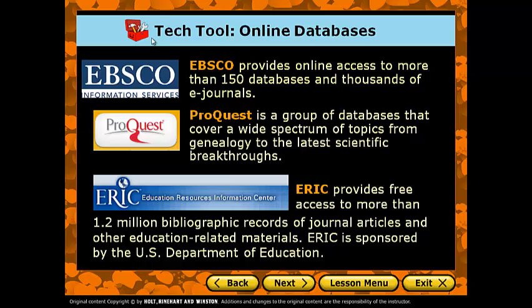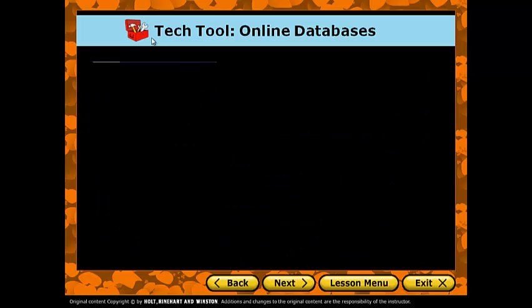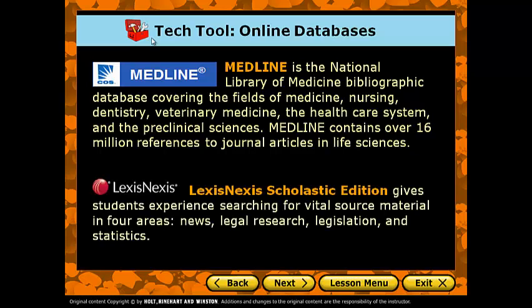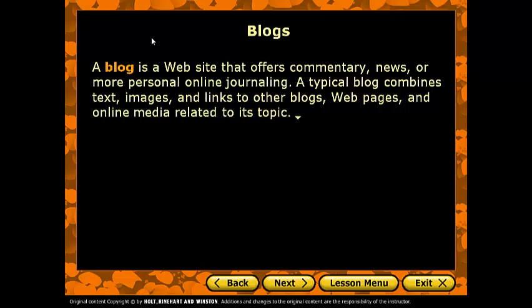This is sponsored by the U.S. Department of Education. Then you have Medline, which relates to 16 million references to journals and articles in life sciences. And then you have LexisNexis, which is a scholastic edition that gives students experience searching for virtual source materials in news, legal research, legislation, and statistics.